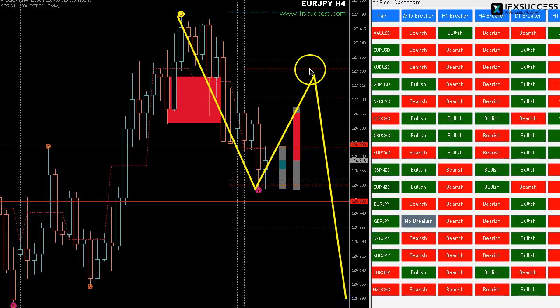So even if 1 hour is already exhausted, it already went down long enough, I now prefer for the market to keep on going higher to get a better sell, right? To give me a breaker retest in 4 hours in order for me to expect a 15-minute breaker again.